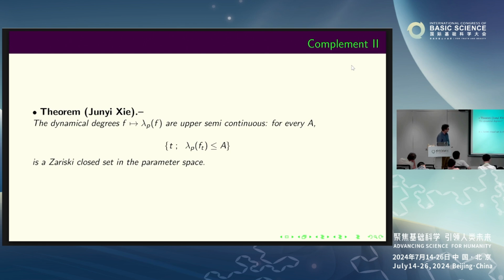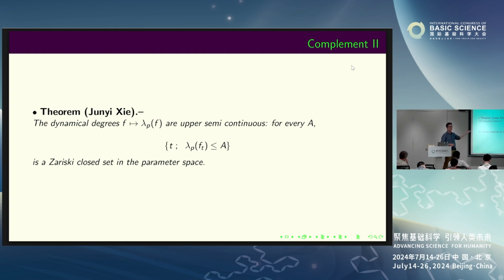So now your birational transformation f depends on a parameter t. So in your polynomial formulas, you have a parameter in the coefficients. And when you vary the parameters, you vary the birational map. How does the dynamical degree vary? That's the question, and he proves a semi-continuity result. It's upper semi-continuous in the Zariski topology.